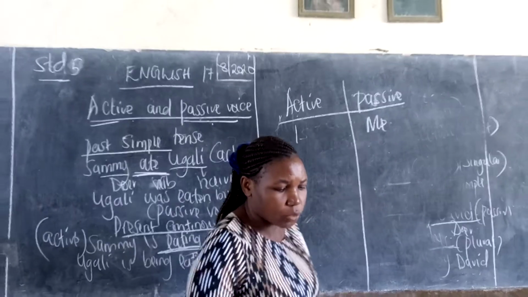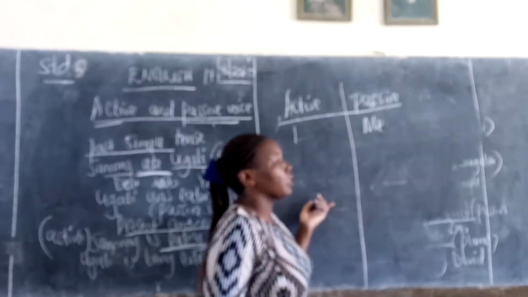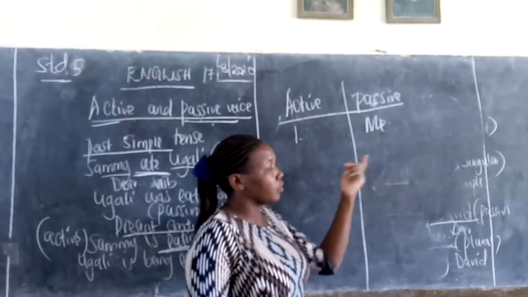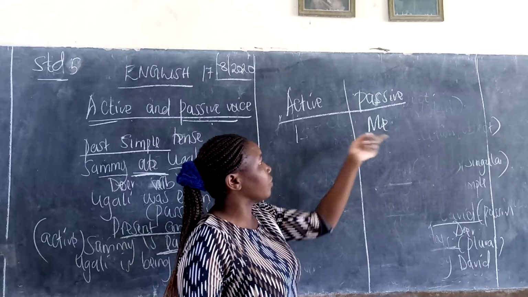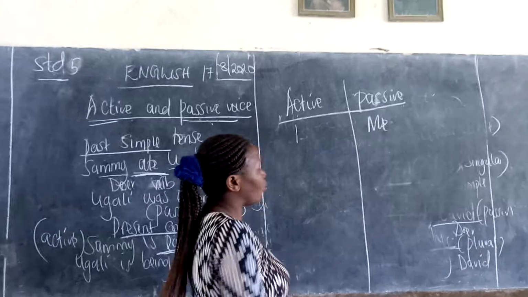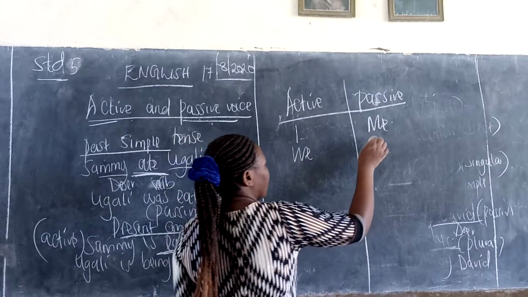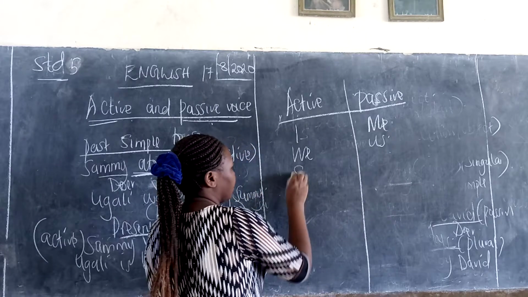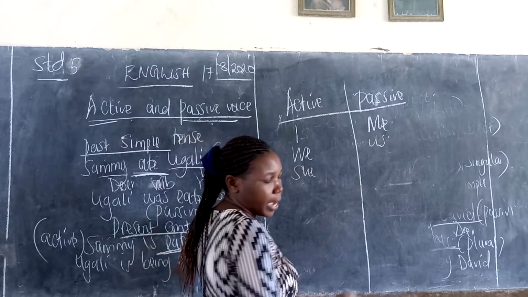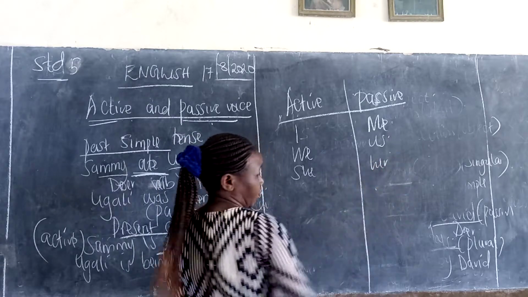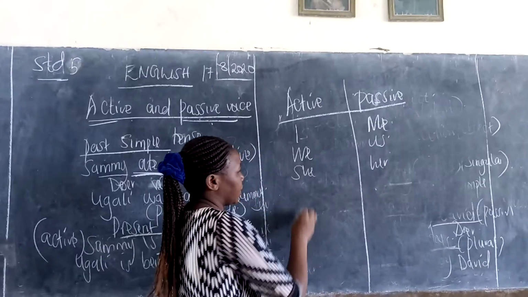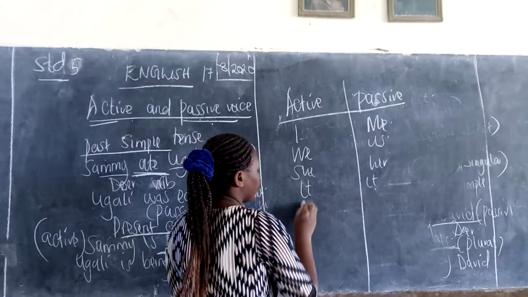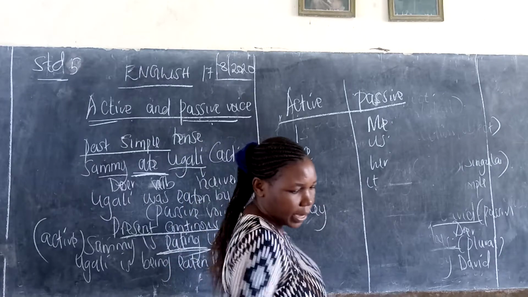When I'm talking about I in active, I'll talk about me in passive. I in active, me in passive. Let's look at we, which becomes us. Then she becomes her. Then it remains it. Then they becomes them.